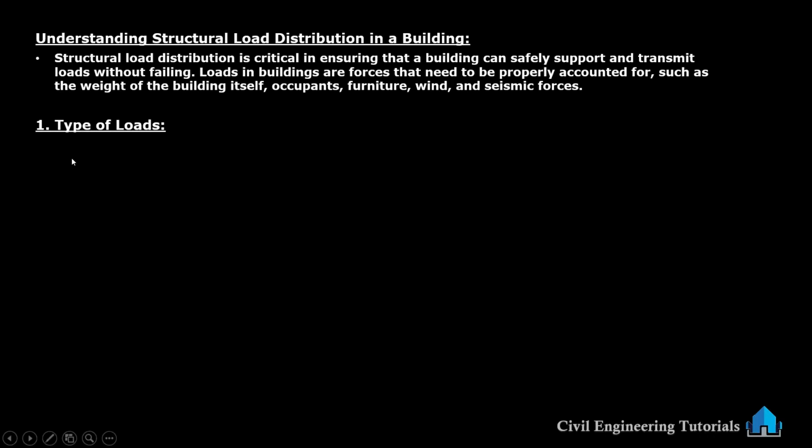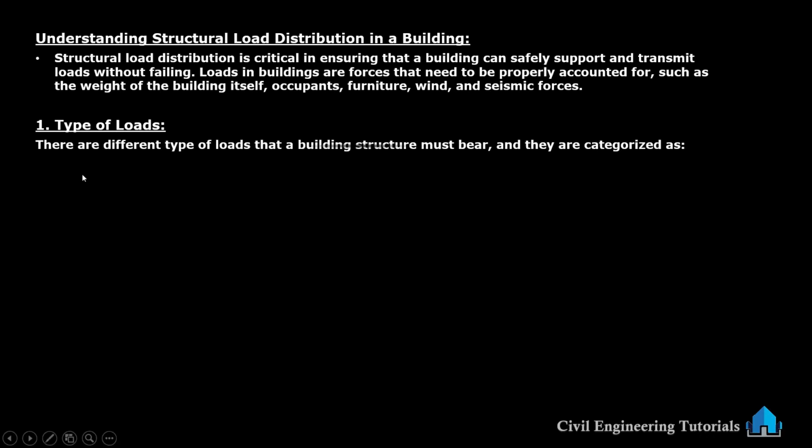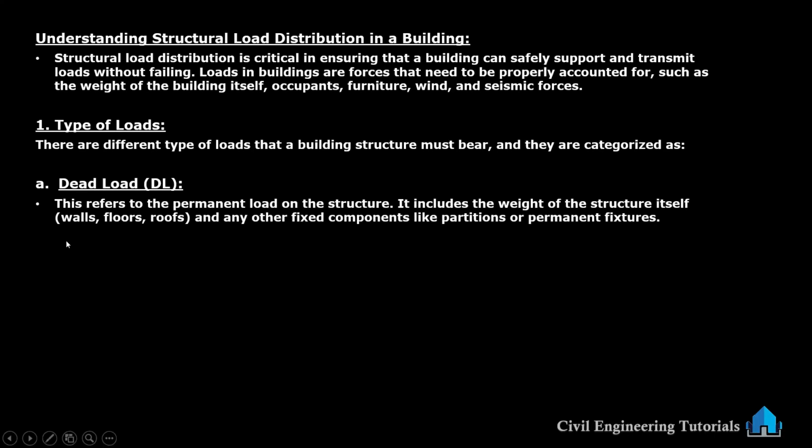The first type of loads. So what are the types of loads? There are different types of loads that a building structure must bear, and they are categorized as: first is dead load, DL. Dead load refers to the permanent load on the structure.